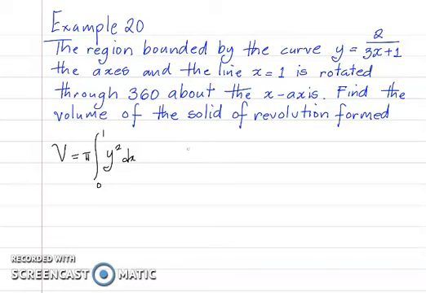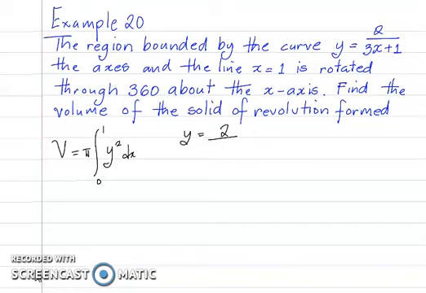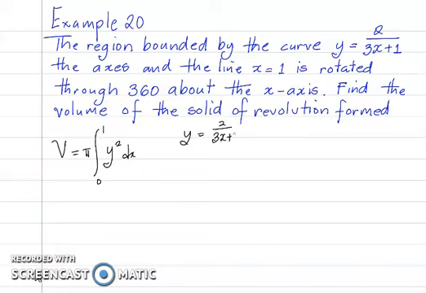Now, y is equal to 2 over 3x plus 1, which is the same as saying 2 times 3x plus 1 raised to the minus 1 power. Now, y squared is therefore equal to the square of all of this.